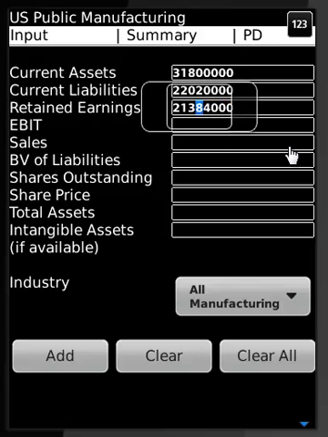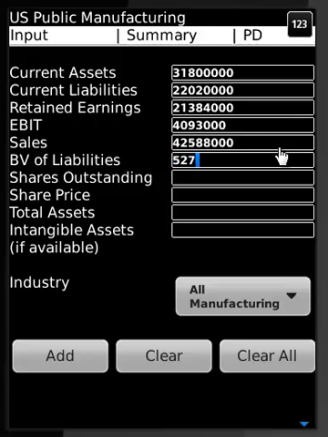EBIT is 4093000. Sales is 4258800, and your book value of liabilities is 5273500. Shares outstanding is 644450. Share price is 93.66.